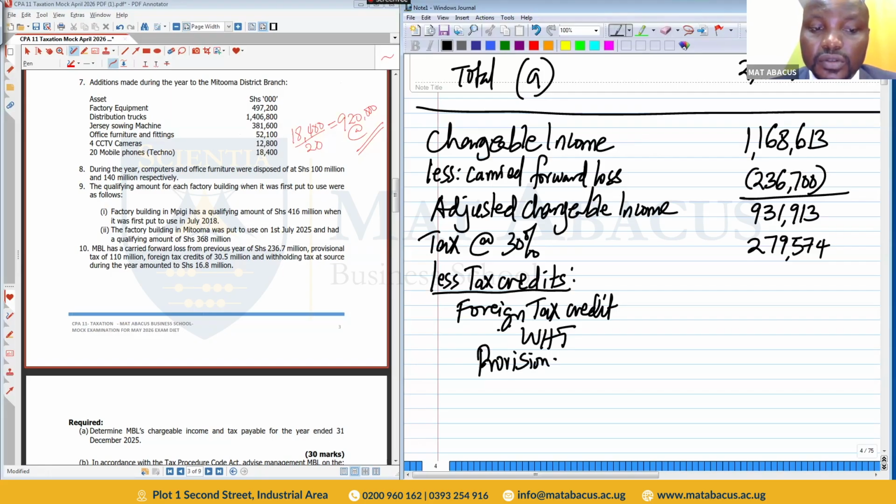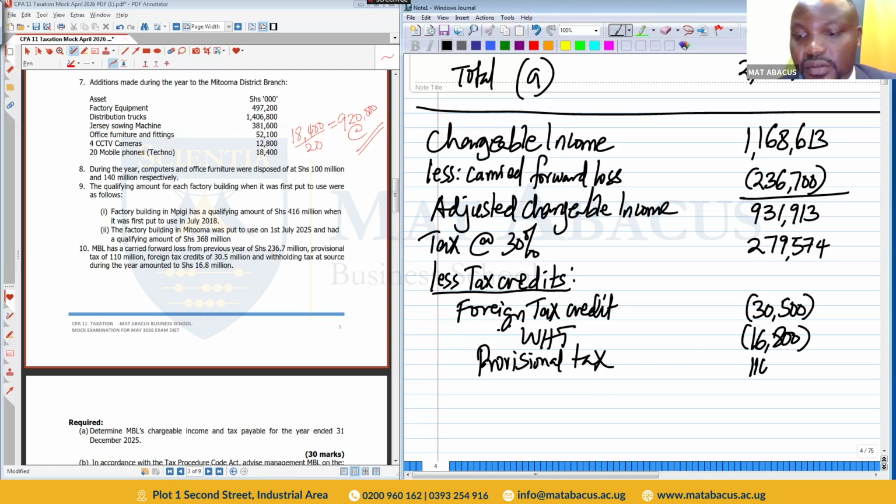The foreign tax credit is given as 3,500 in the question, to reduce the tax to pay. Withholding tax is given as 16,800. Then we have provisional tax given as 110 million.